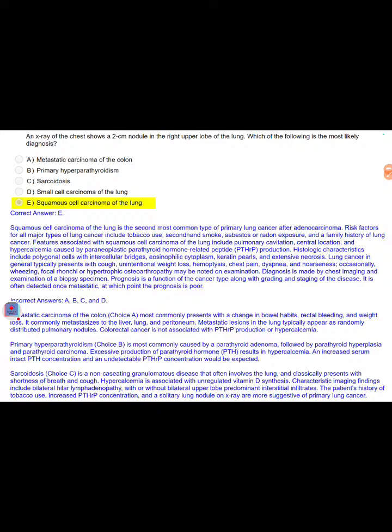Prognosis is a function of the cancer type along with grading and staging of the disease. It is often detected once metastatic, at which point the prognosis is poor.